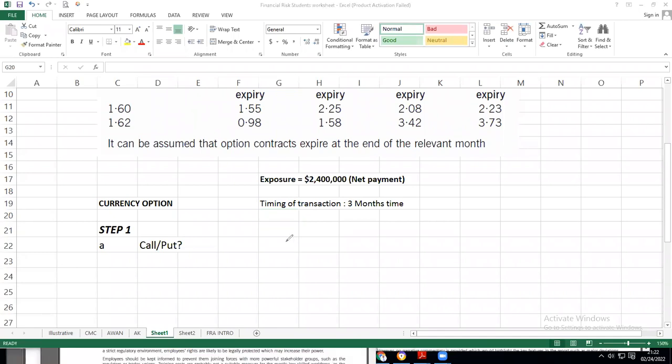So you go into the currency market. Somebody tell me, what will this company be expected to do?